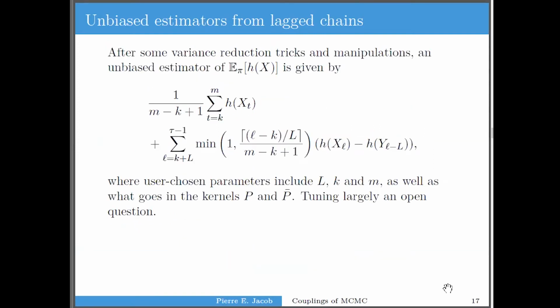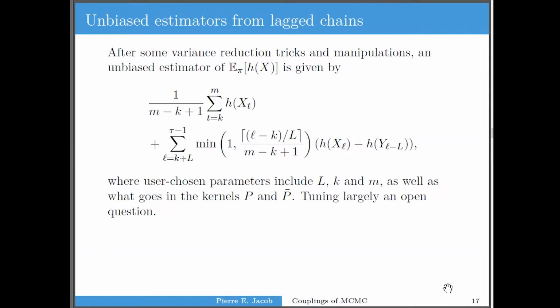And so, in fact, we don't propose to use that estimator, but a slight variation of it. So there's more notation. This is what we call the unbiased MCMC estimator in a paper with John O'Leary and Yves Atchadé. This is basically a variance reduction from the previous idea. And the appeal of this is that the estimator is of the form of a standard MCMC estimator in the first line.